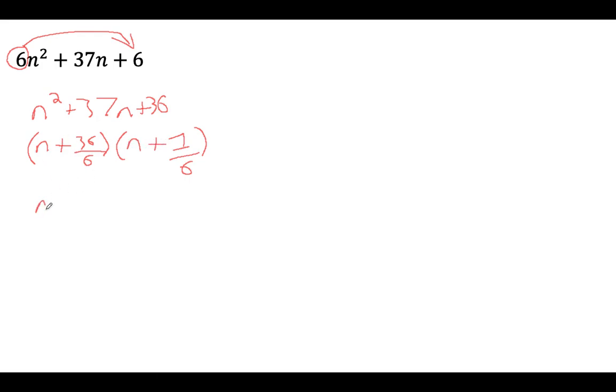Well, on the left, it does simplify. 36 divided by 6 is 6. Then this guy doesn't simplify, so you got to slide this 6 to the left. So you got 6n plus 1.